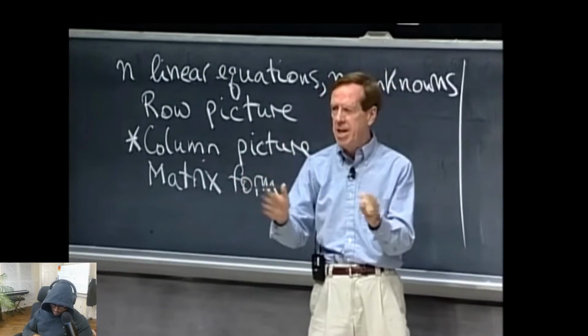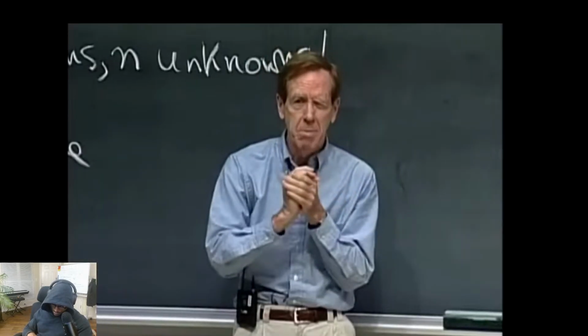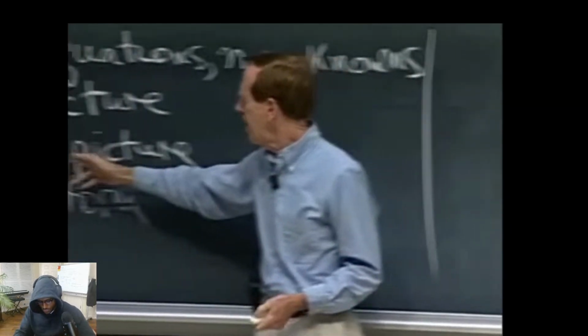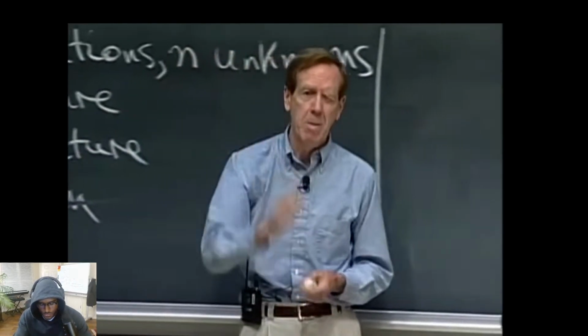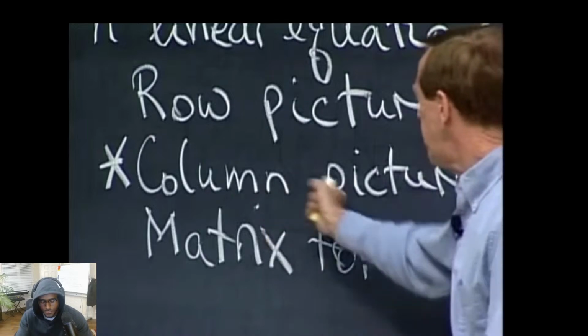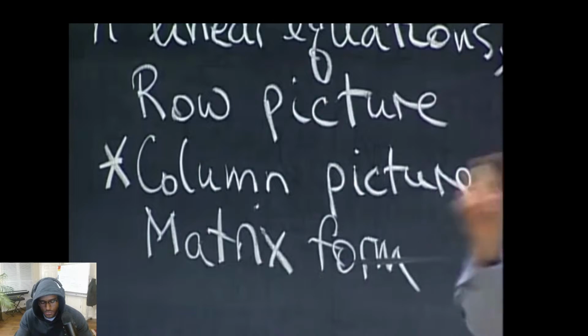It's the picture you've seen before in 2x2 equations where lines meet. So in a minute, you'll see lines meeting. The second picture, I put a star beside that because that's such an important one. And maybe new to you is the picture a column at a time. And those are the rows and columns of a matrix.